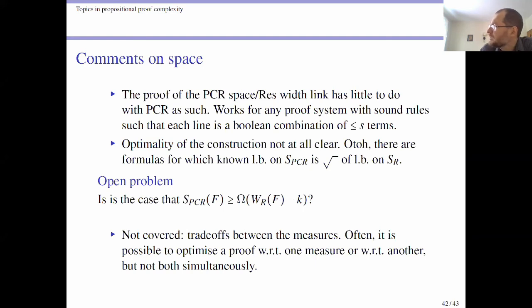Then that causes the size to become doubly exponential, even though there's always a single exponential proof of any formula. But there are these even super critical trade-offs, where optimizing one measure causes the other measure to blow up below the worst case lower bound in that measure. So such things happen. We didn't cover that.